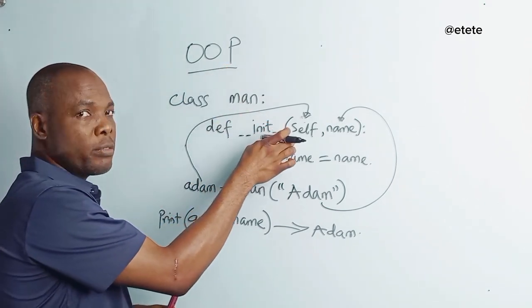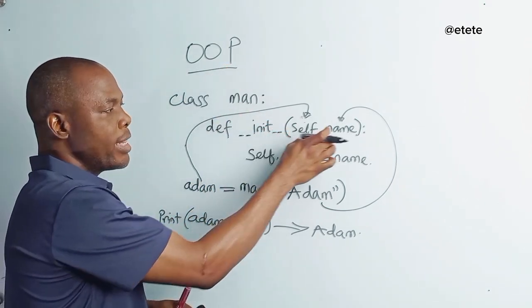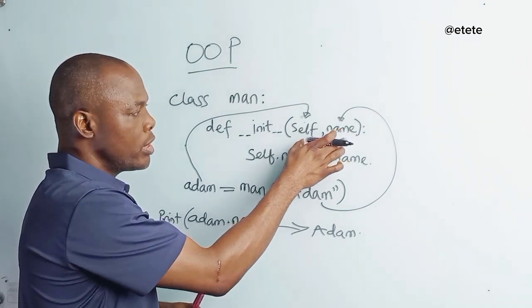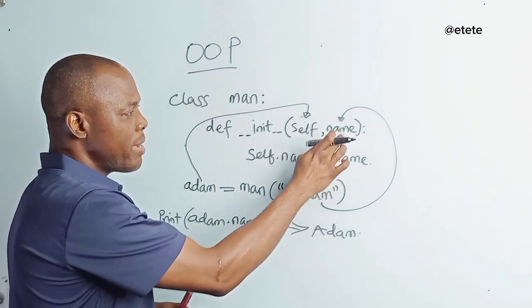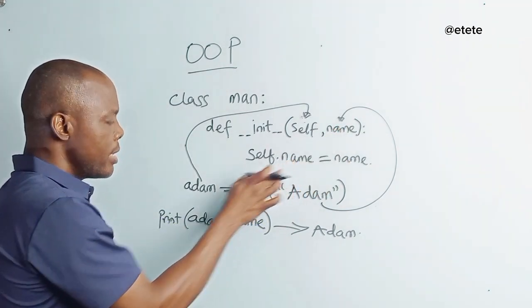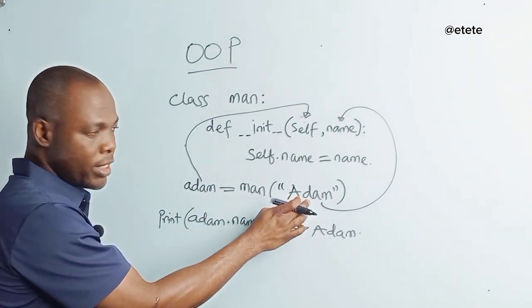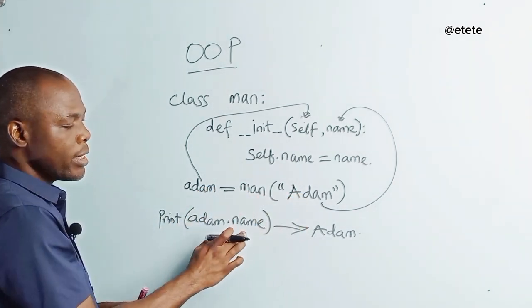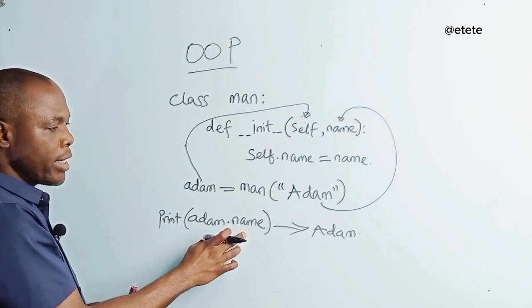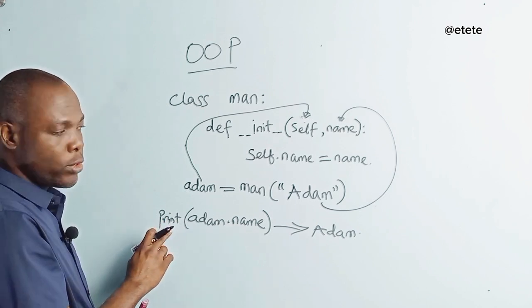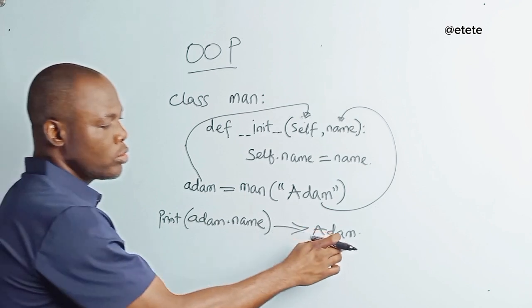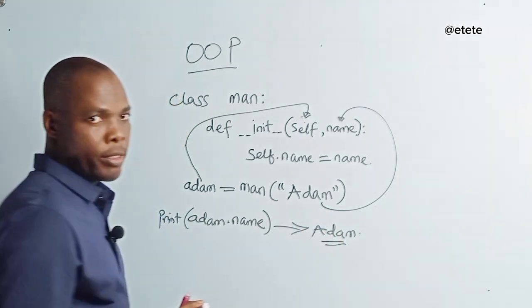So I have created the class. I have created the first method inside the class, expecting two attributes, which are self and name. And then I'm assigning the name to it. Then I created the object of the class, and then gave this name to it. Then I'm calling that object, and I'm giving it to my print function to supply for me on the screen. So it's going to produce Adam for me.